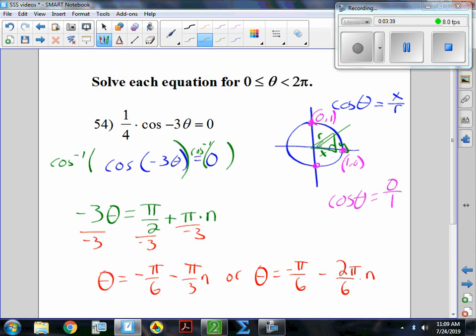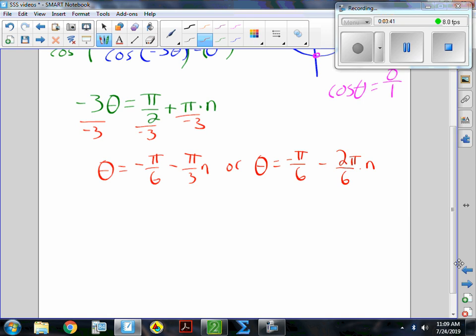Okay, then you just let n equal different numbers. If I let n equal 1, 2, 3, 4, and 5, I'm just going to get more and more negative, and I do want the answer to be between 0 and 2 pi. So we're going to let n equal -1, -2, -3, -4, -5, and -6. The reason I'm going to do all of those, I know already that there's going to be 6 answers.